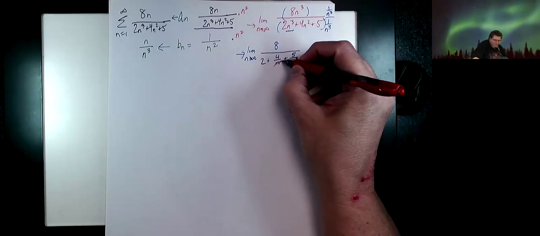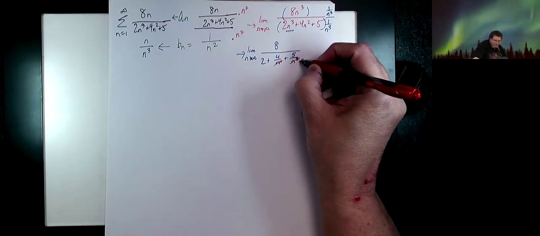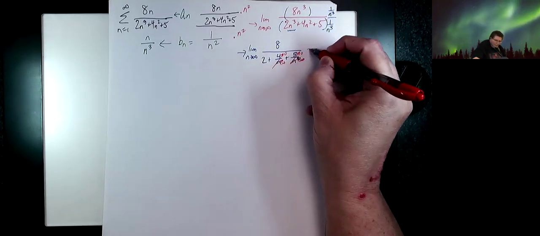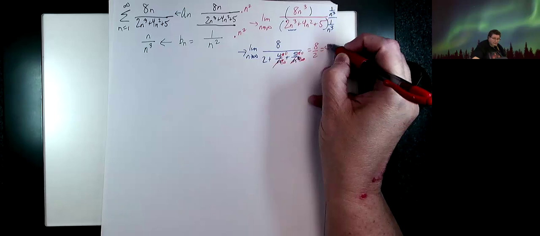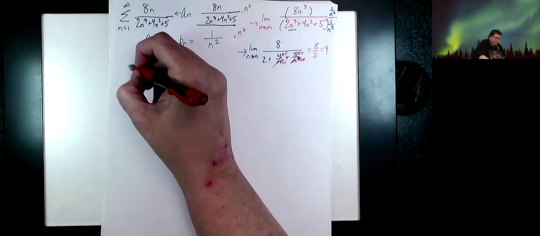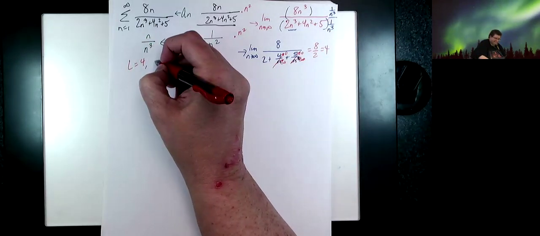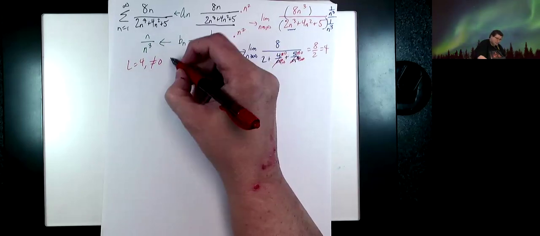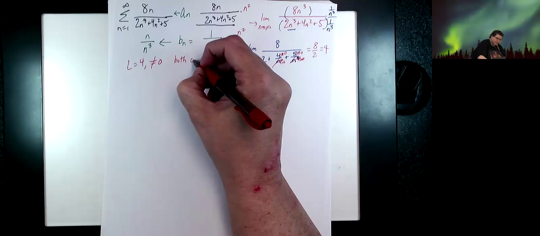The limit is 4. The bottoms of these go to infinity, which means those fractions go to 0. We're left with 8 over 2, which is 4. So L equals 4. It does not equal 0, and it exists. So they both converge or diverge together.